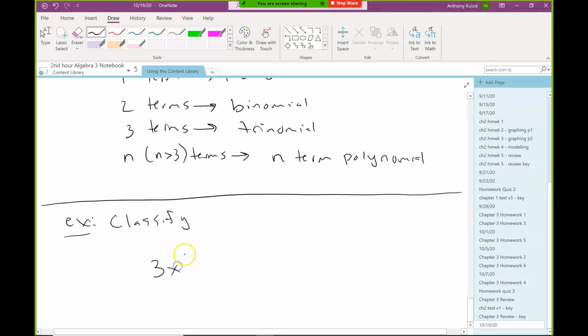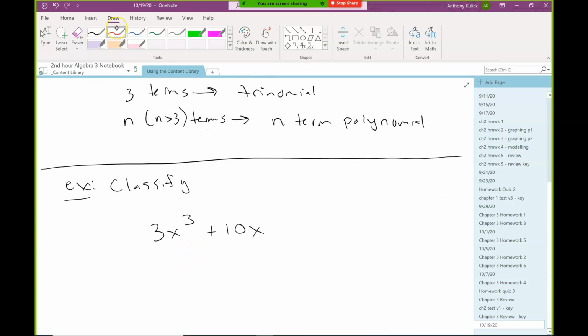This is degree 3, and the number of terms is 2. Since it's degree 3, we'd say it's cubic, and since there are 2 terms, we'd say it's a binomial. So this is a cubic binomial.